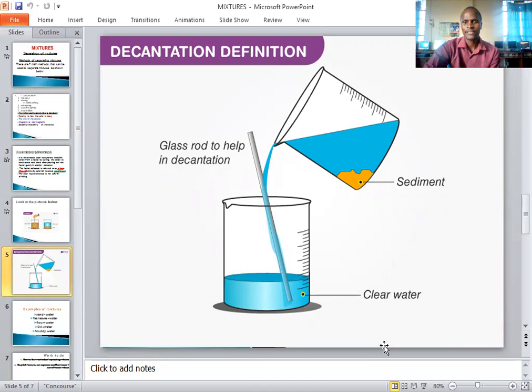Now you can see we have clear water. We are pouring clear water into this container down there. And in the other container where we had the mixture of muddy water, you can see we have mud left settled at the bottom of the container, and we call it sediment. So that's how we use decantation or sedimentation when we are separating such mixtures.